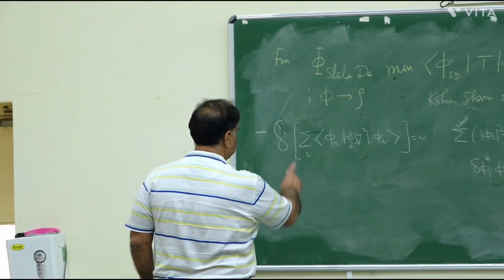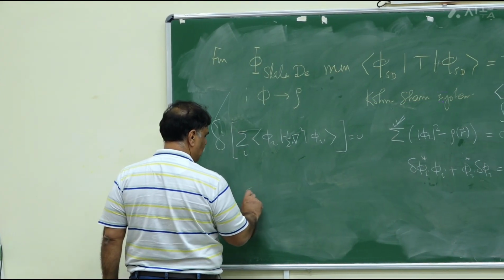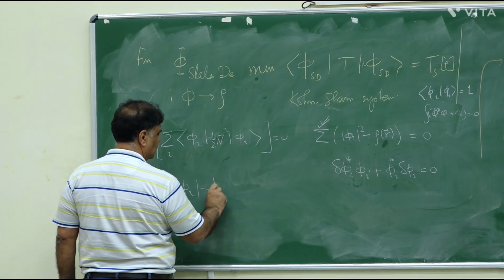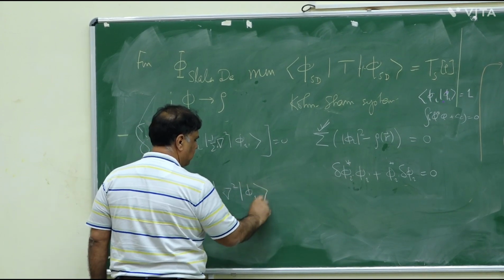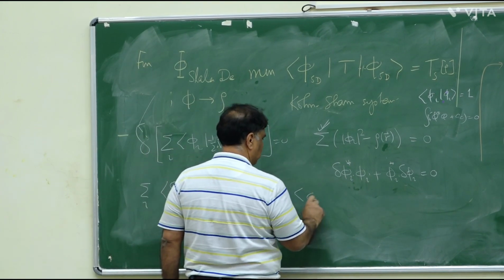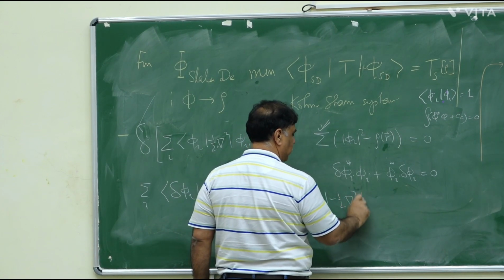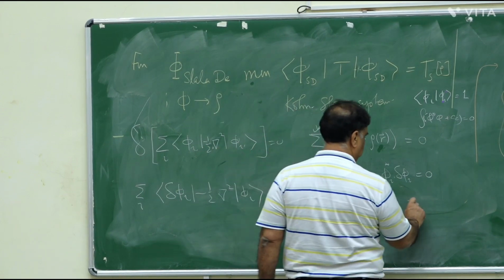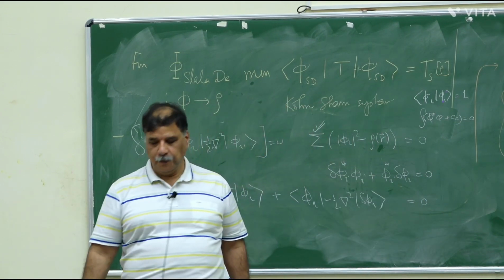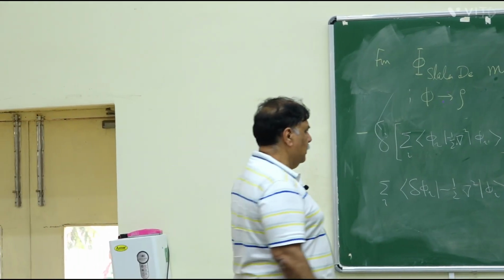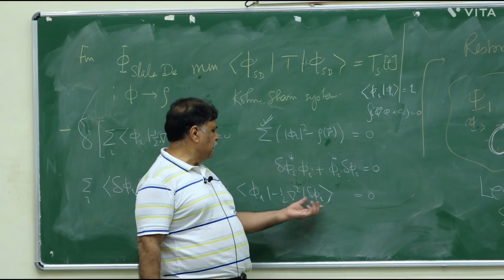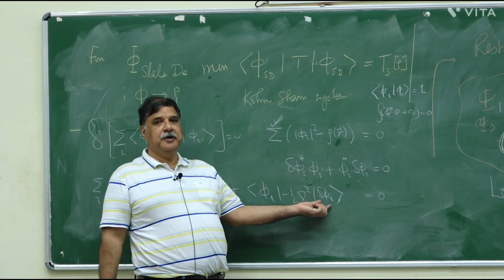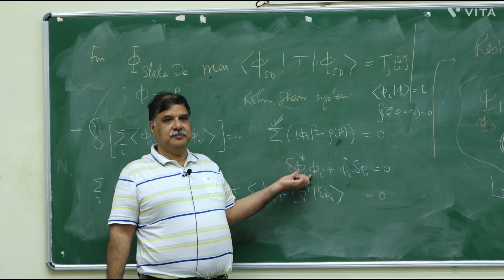So let's do that. This variation would come out to be delta phi i summed over i, minus 1/2 del square phi i, plus phi i, minus 1/2 del square delta phi i. Should be 0. Normally, if all delta phi i's were arbitrary, then we would say that minus half del square phi i should be 0. If these were completely arbitrary, but they are not, they satisfy this condition.